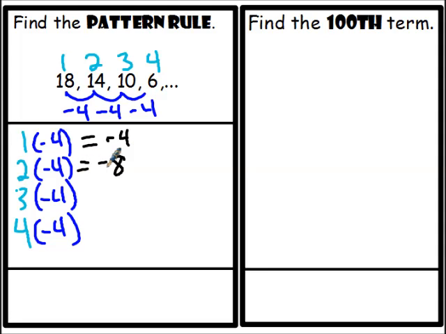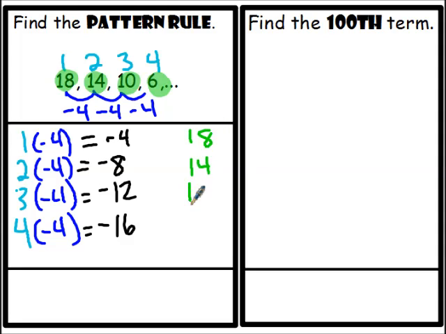A positive times a negative is a negative. 3 times 4 is 12. A positive times a negative is a negative. And 4 times 4 is 16. Positive times a negative is a negative. Now those aren't the numbers we were looking for. We were looking for 18, 14, 10, and 6. So we're pretty far off.